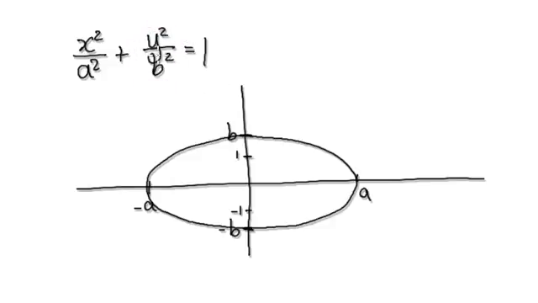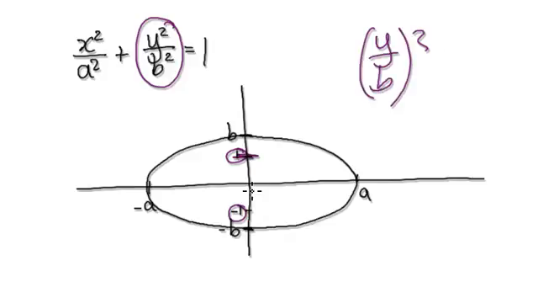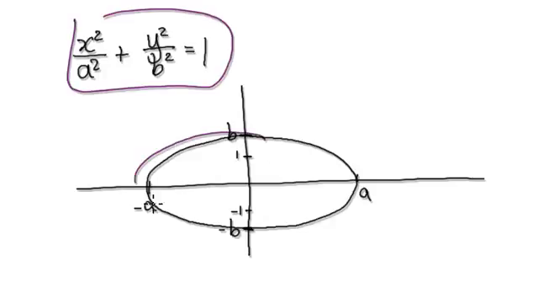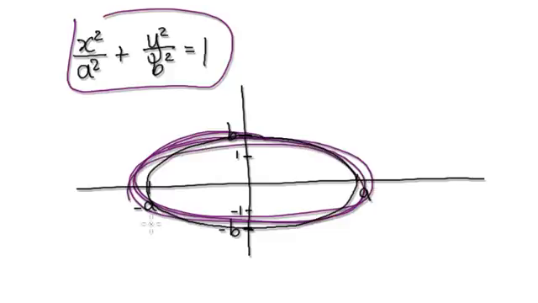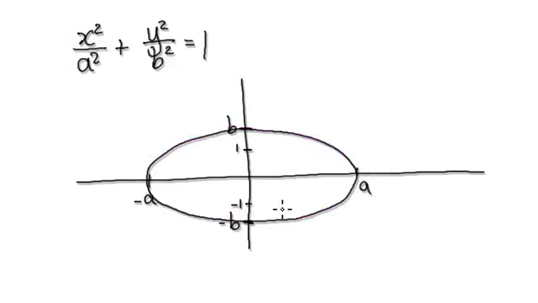So apply the same transformation to the y. Normally it was at 1, negative 1, but applying this transformation where you have this, it will then stretch it to b. So this equation here will then give you an ellipse.